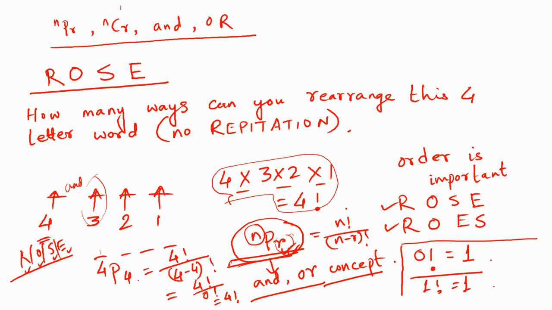In this case, 4P4: from 4 letters we select 4 spots, r is 4, and order is important. So it's 4 factorial divided by 0 factorial, which equals 4 factorial. We got this as the answer. I guess this is clear for you.